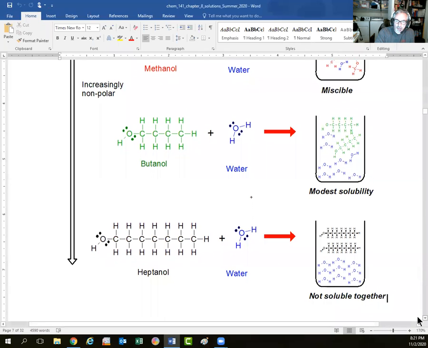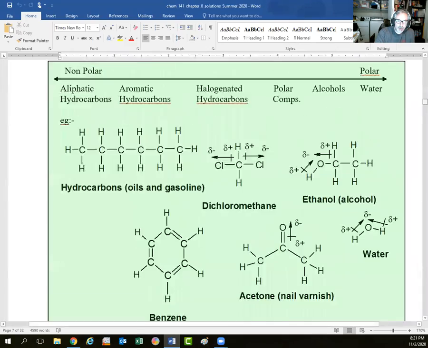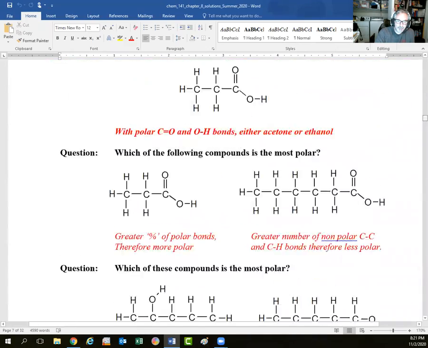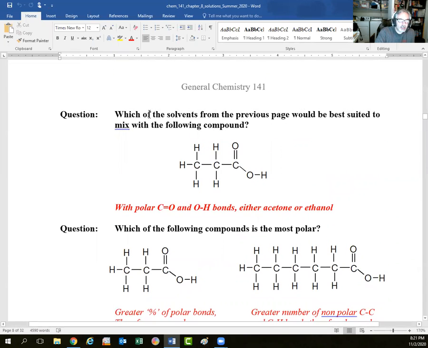Let's try a few more. Still thinking about that table, and now 2 pages back. These are old exam questions. So which of the solvents from the previous page would make a good companion, a good solute for the propanoic acid here? We're looking for similarity in the chemical bonds because it would lead to a similarity in intermolecular bonding effects.